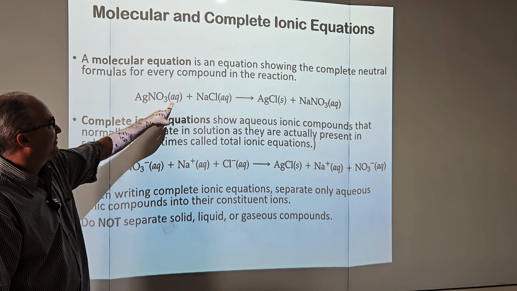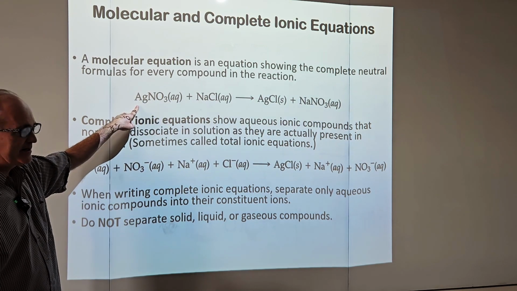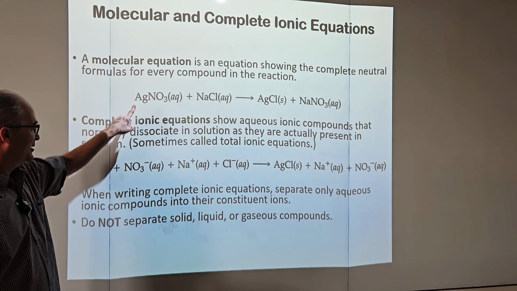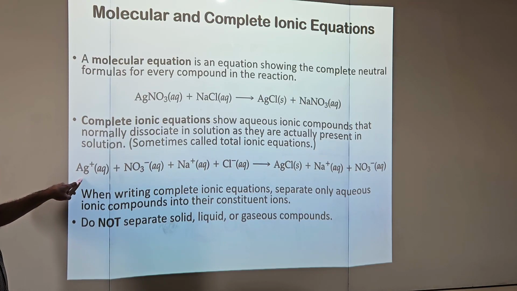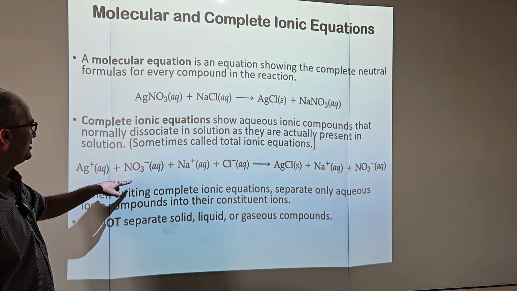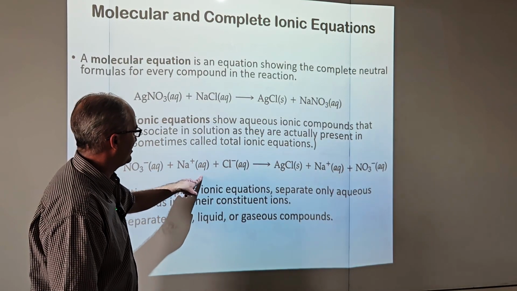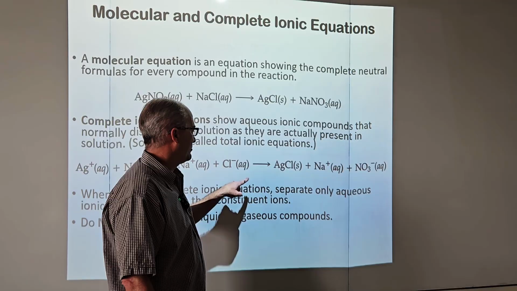So that's where you take this thing, if it's aqueous, you say, oh, that means it's dissociated, and it exists as ions in solution. So you can write Ag+ aqueous, nitrate aqueous, sodium cation aqueous, chloride anion aqueous.